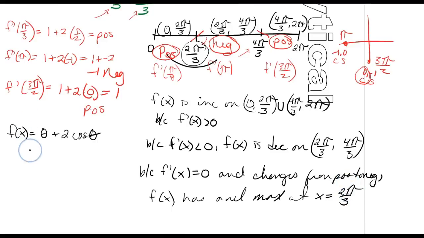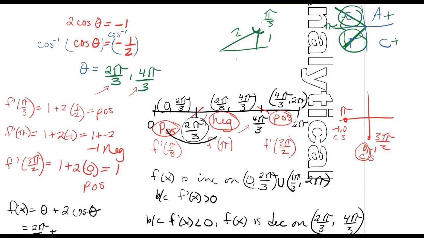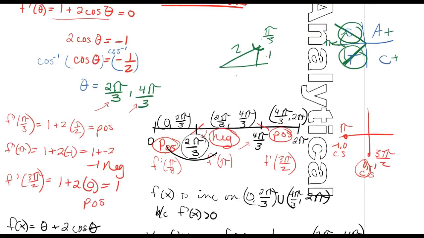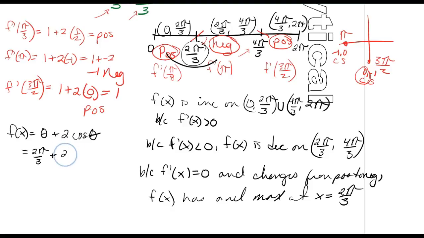For 2 pi over 3, that'll be 2 pi over 3 plus 2 times cosine of 2 pi over 3, which we found was negative 1/2, adjacent over hypotenuse, yes, in the second quadrant. So 2 times negative 1/2.